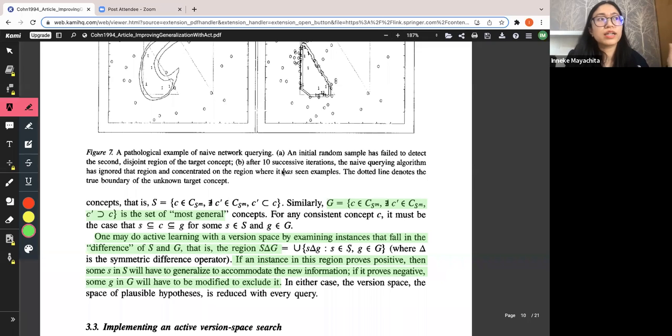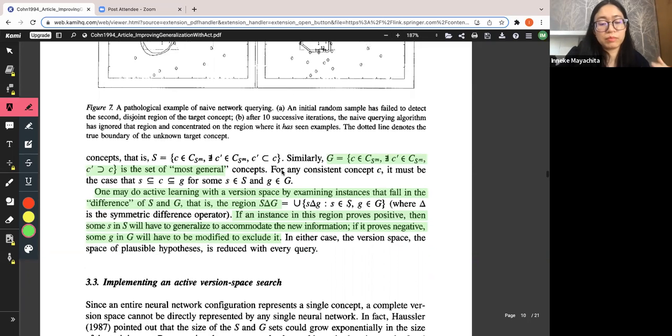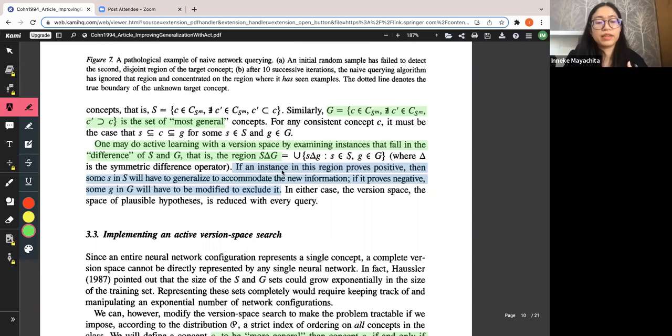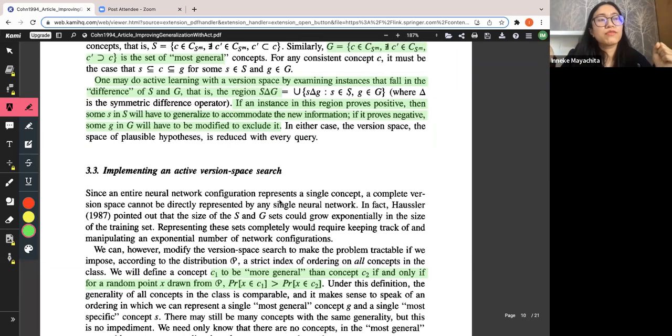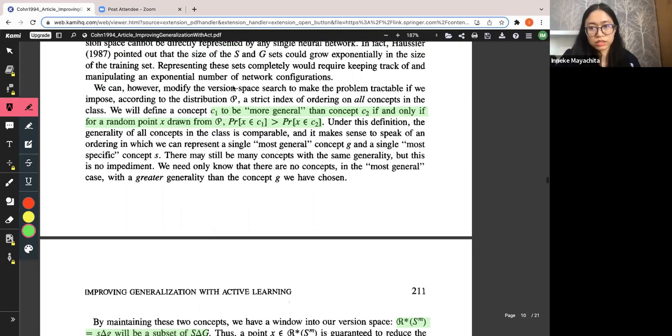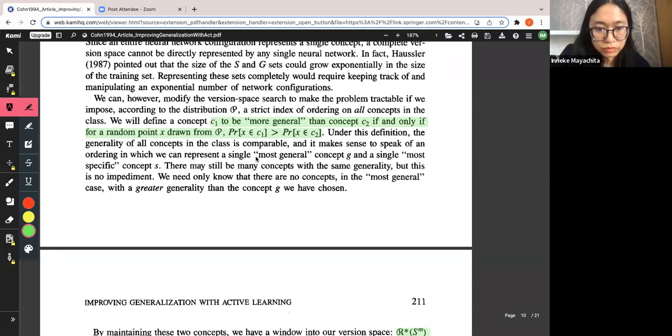So if an example is positive, we need to make S larger, or if an example is negative, we need to reduce G, which is the superset. So we want to find the balance between these two, and hence we can find the most optimum area in the domain where we can sample our examples from.